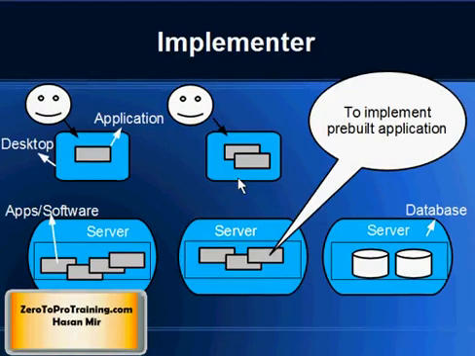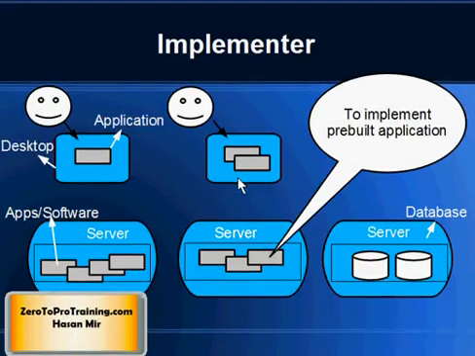Okay, so an implementer is a person who will configure this software that you have purchased from an outside vendor so that the software could work for your company. The term functional consultant or functional expert is also used for this role.